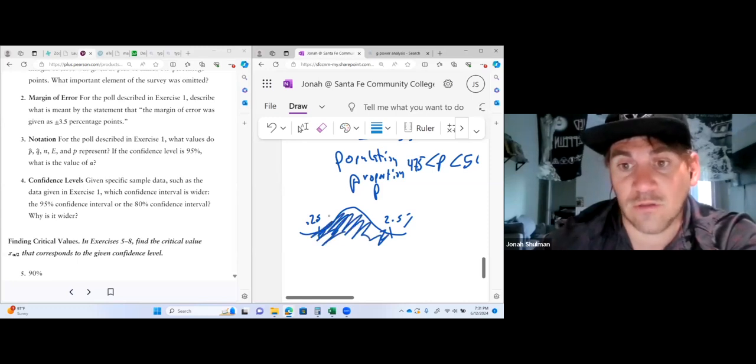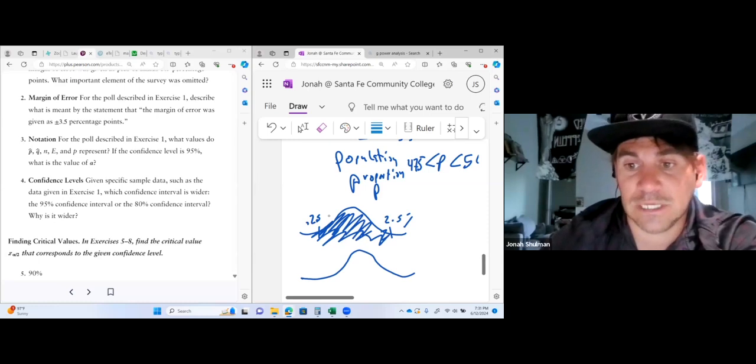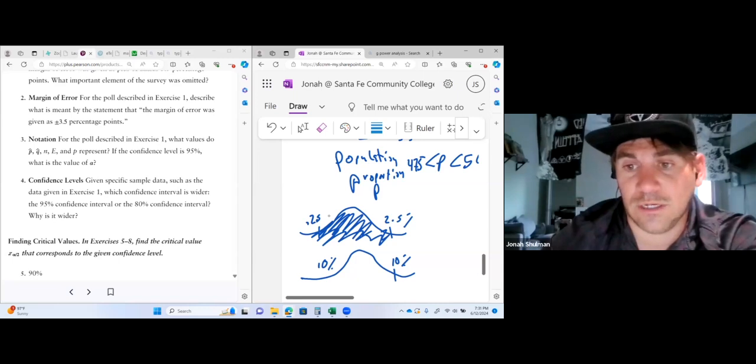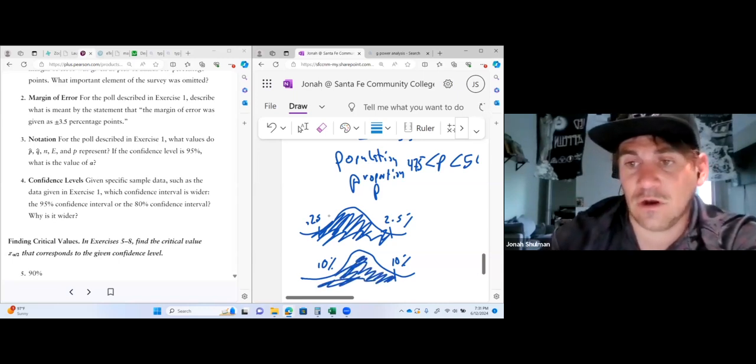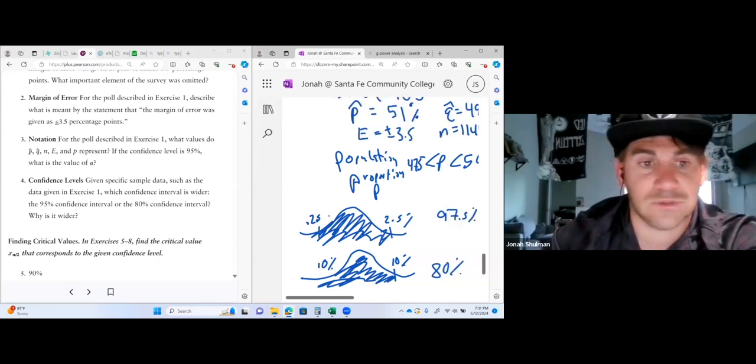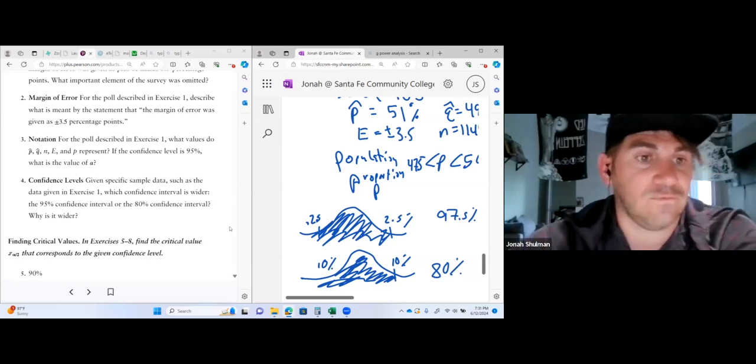Now, if we had 80%, that means it's 10% here and 10% here. So this means our range is 95%, and this means our range is 80%. So obviously, to me, the first one is wider.